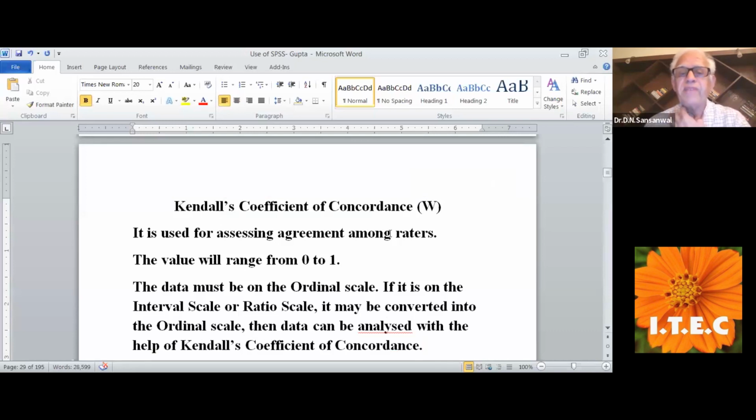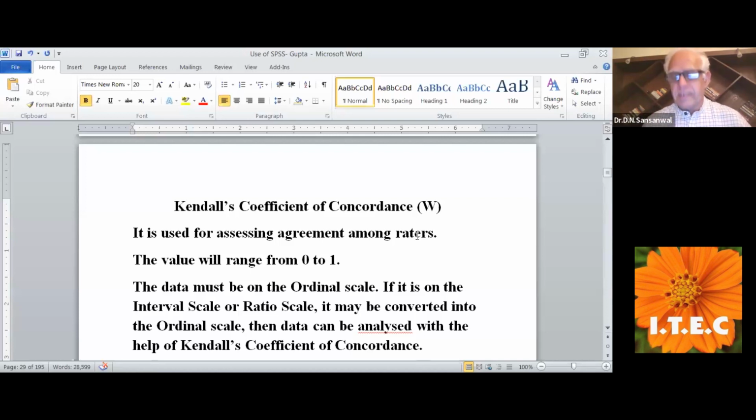Here the value will be represented by W. Kendall's tau correlation is represented by r, and the t-test is represented by small t. Similarly, Kendall's coefficient of concordance will be represented by capital W.